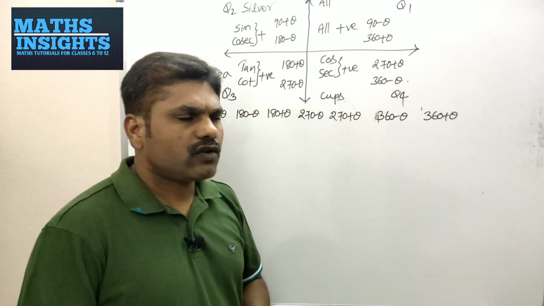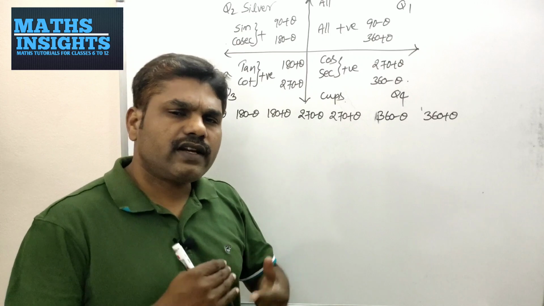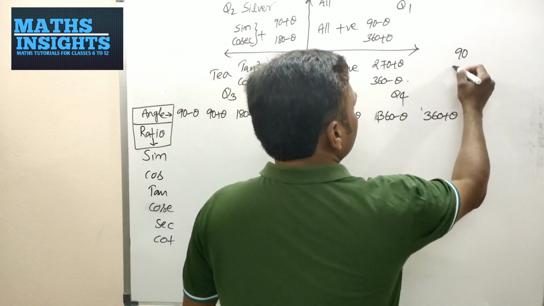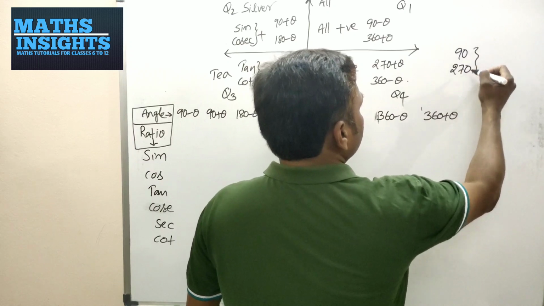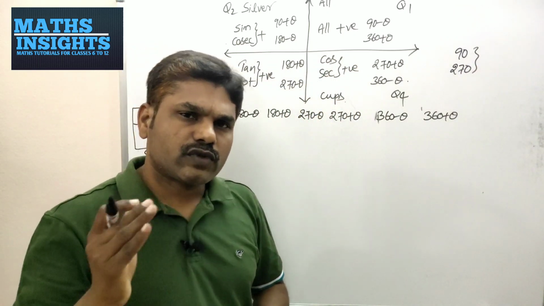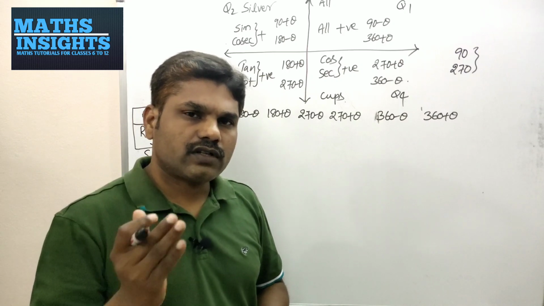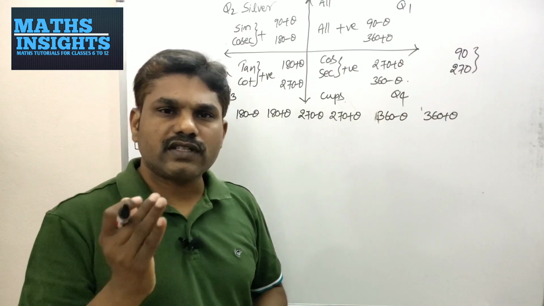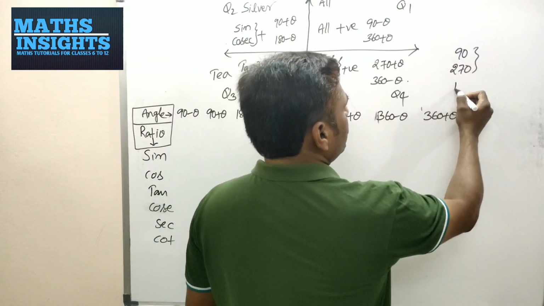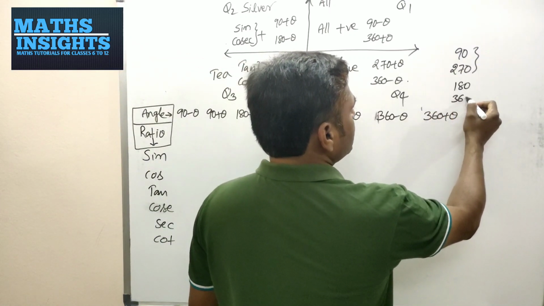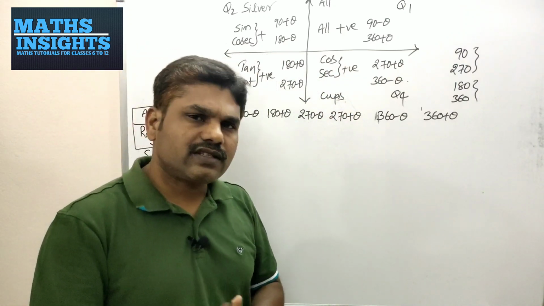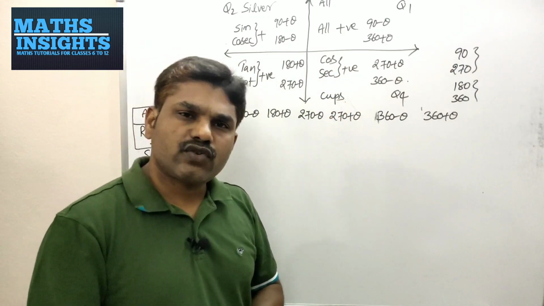Another point you have to remember: when 90 and 270 come, sine will become cos, cos will become sine, tan becomes cot, cosecant will become secant, secant will become cosecant. When you face 180 and 360, they will not change. Sine will remain as it is and the remaining ratios also.